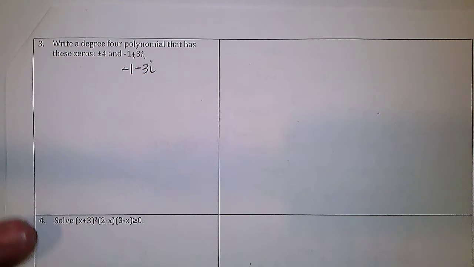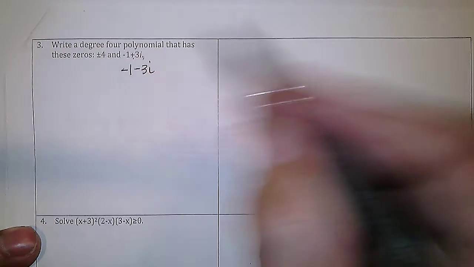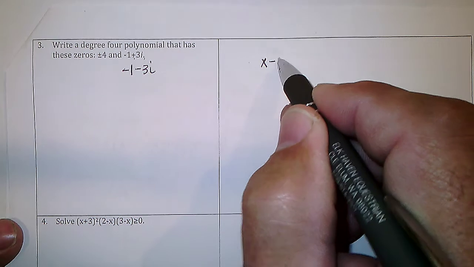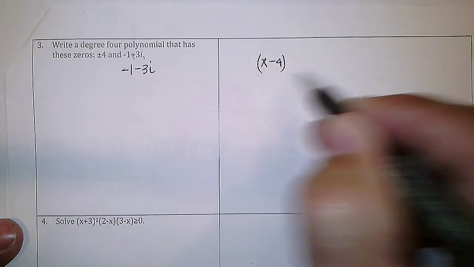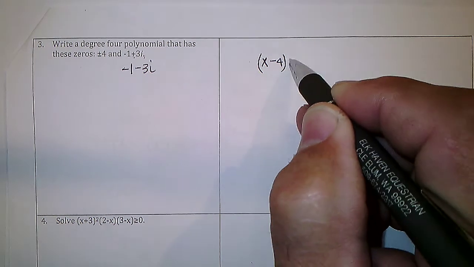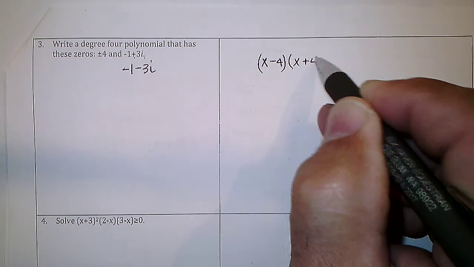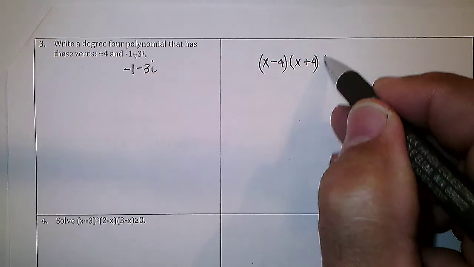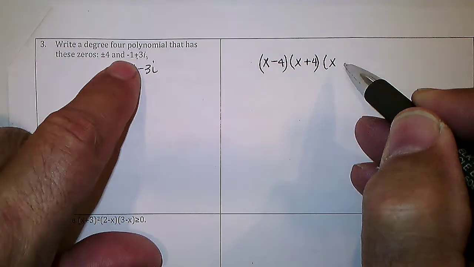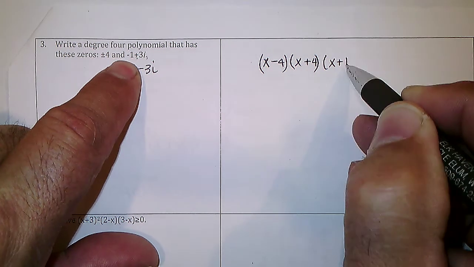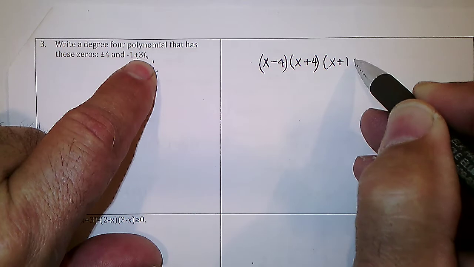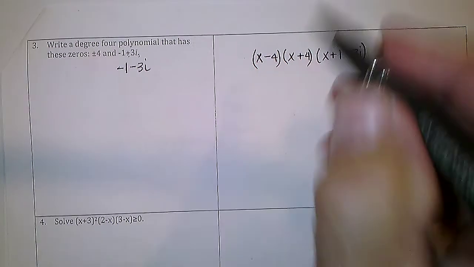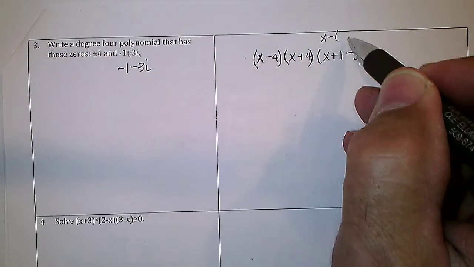And so in factored form, this polynomial would be x. For the plus 4, we'd have minus 4. For the minus 4, we'd have x plus 4. For the minus 1 plus 3i, we'd have x minus a minus 1, which would be plus 1, and minus the 3i, because it's x minus the 0.